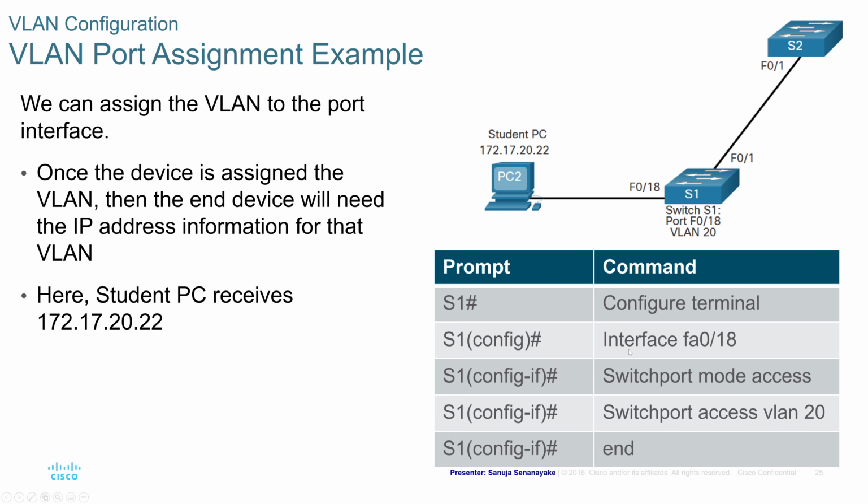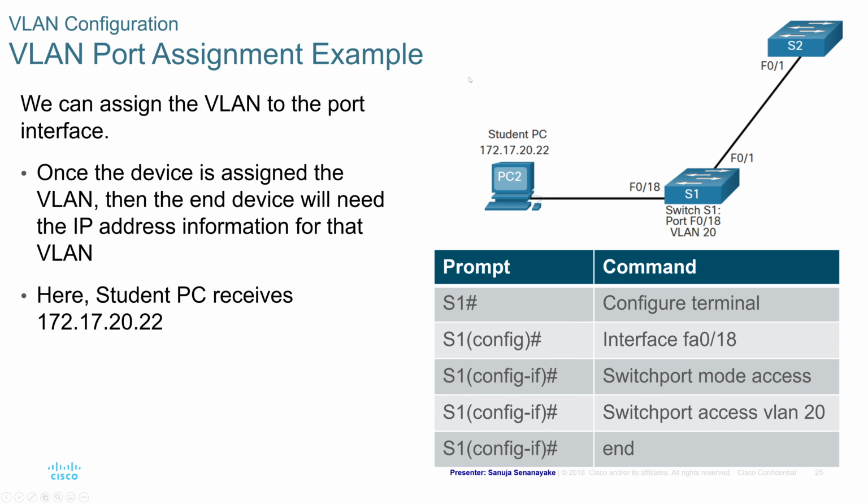So basically we are saying this interface FA0/18 will be in access mode, and will be using VLAN 20 in that access mode to communicate. And then you're going to exit out of that, and you can save that information with the copy running-config startup-config command. And now this switch knows that this configuration is used by these student PCs to access VLAN 20.